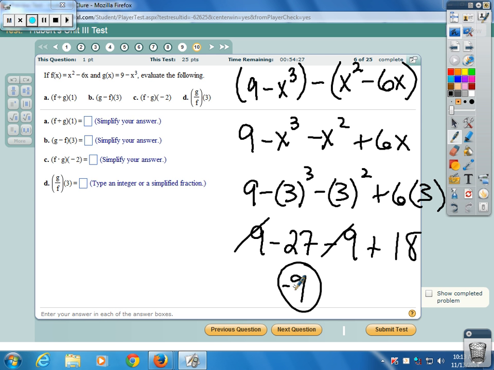Alright, now let's do f times g. We'll do it over here. So x squared minus 6 times negative x cubed plus 9.